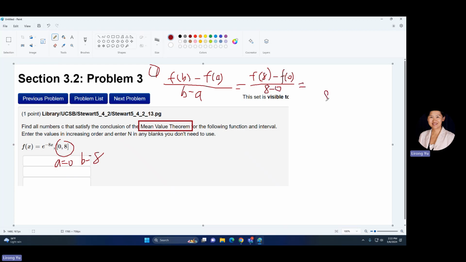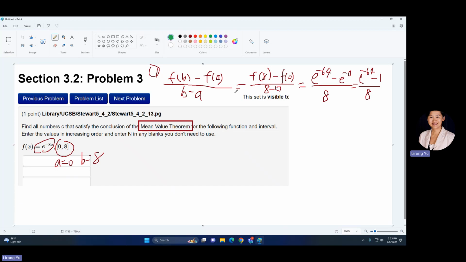The denominator 8 minus 0 is 8. For the numerator, this is our function, so we follow that function for the calculation. It's e to the negative 8 times 8, so e to the negative 64, minus e to the negative 0. E to the negative 0 equals 1, so that's e to the negative 64 minus 1, over 8. That's step 1.